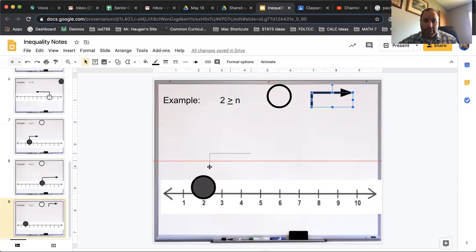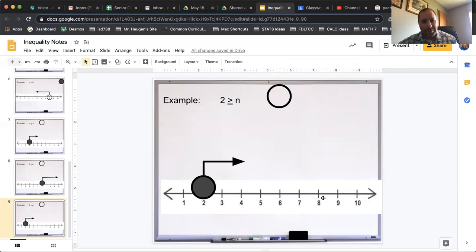So when I put this in here, 2 should be the largest thing. This is pointing at stuff that's bigger than 2. Nope. I want 2 to be bigger than all the numbers that I'm pointing at. So I should point this at all the stuff that is smaller than 2. So there would be my graph. I want to point at stuff that's smaller than 2. Yeah, so it can be a little tough to think about those, but not too bad.